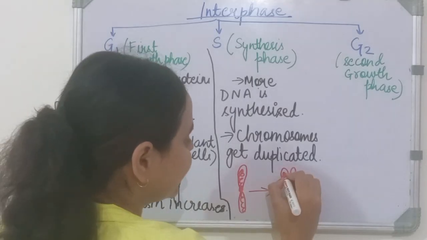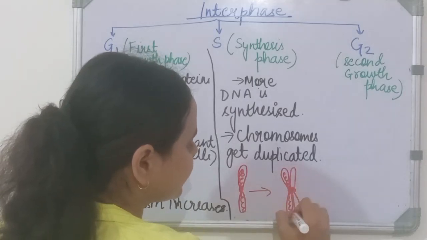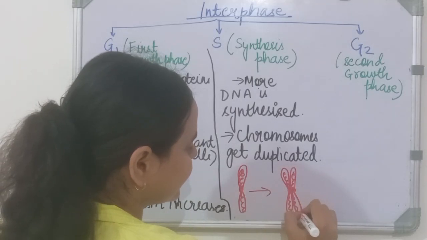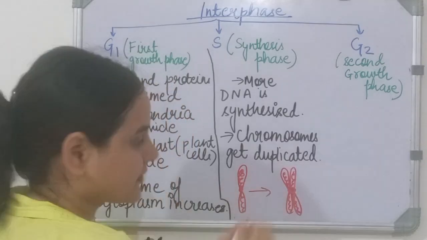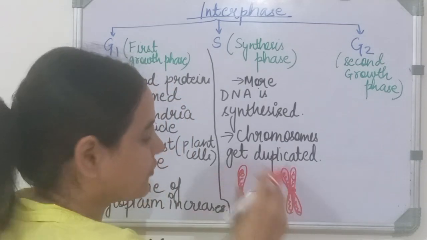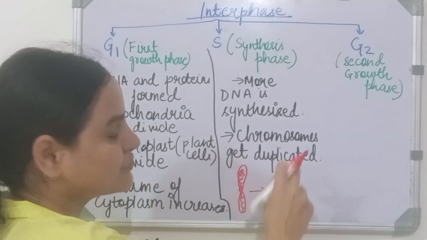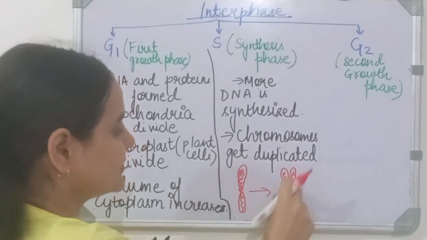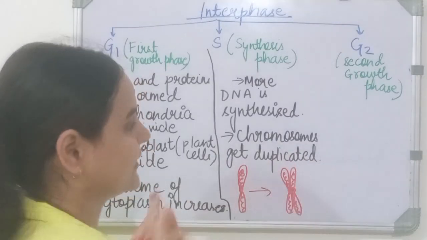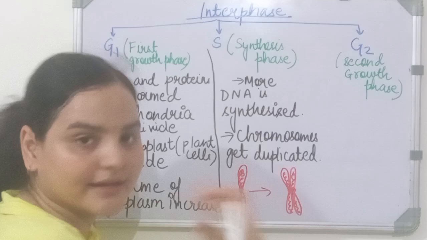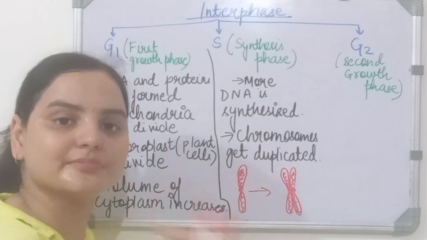Okay, so our DNA has also duplicated. See, DNA has duplicated. Okay, and this chromosome has produced the second chromatid. So this chromosome has duplicated. Okay, more amount of DNA is synthesized and chromosome has been duplicated.